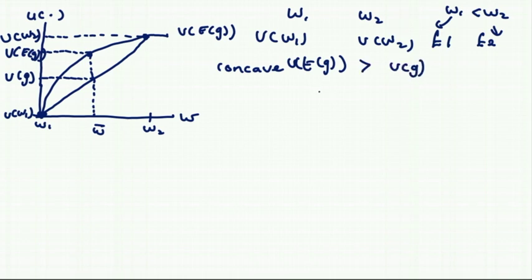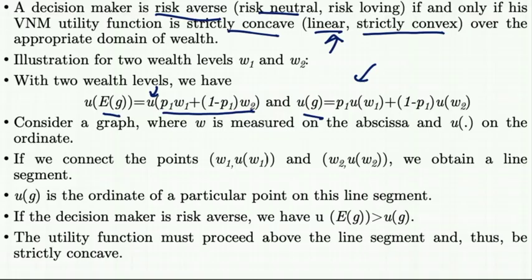I'm not going to re-explain what UEG and UG are, because it has been explained in the previous slides. When we talk about UEG, let's go back to this slide.